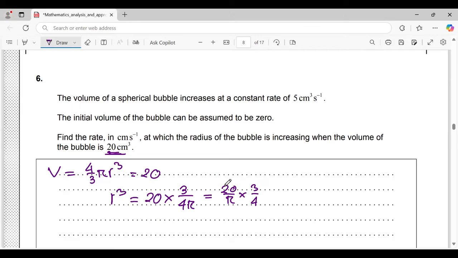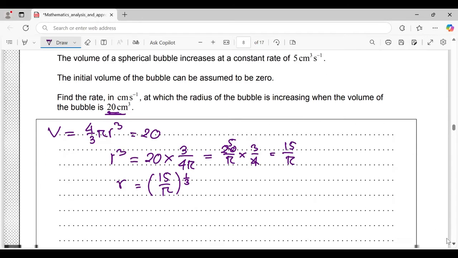Then 20 divided by 4 is 5, so 15 over pi. Or r equals 15 over pi, power 1 over 3. That is r. Or you may also convert it into decimal.